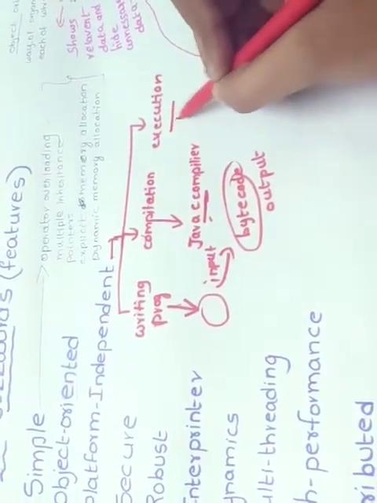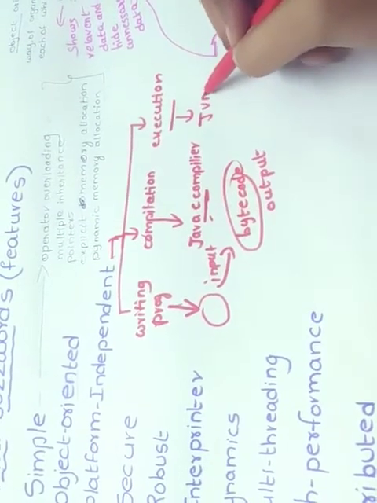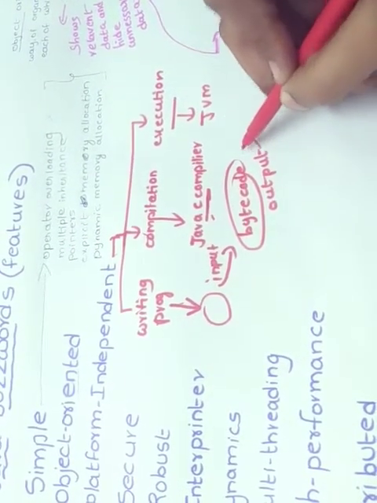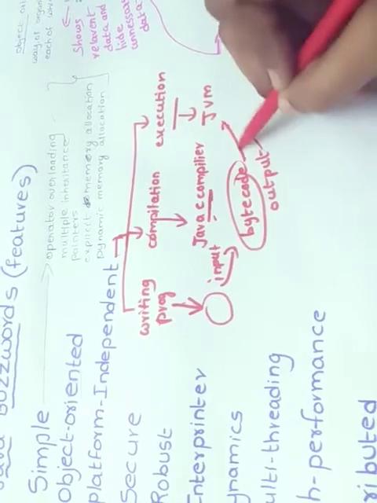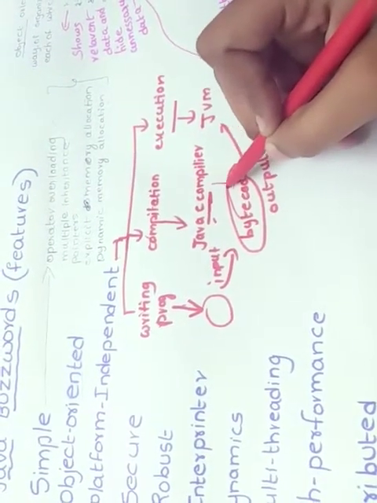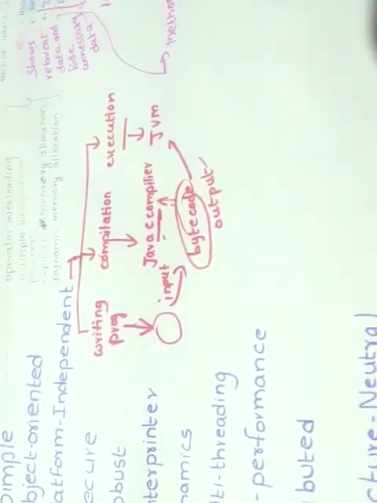In the third phase, the execution phase, the JVM executes the bytecode which was produced by the compiler.